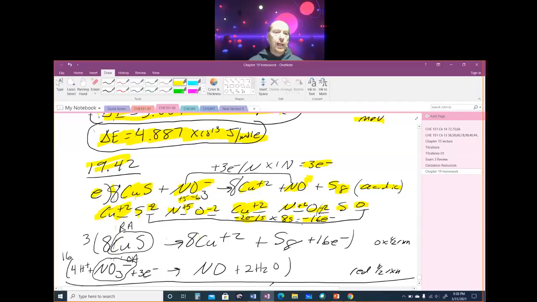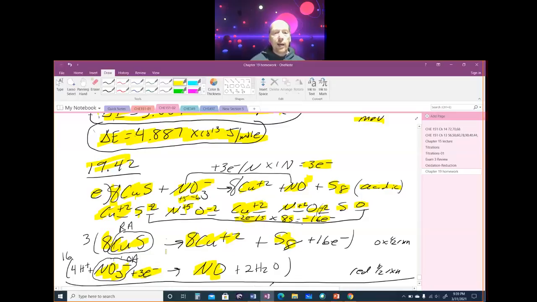All right, so we bring down our 8 CuS, we have our 8 Cu plus 2s, and we have our S8. And again, that is going to lose 16 electrons, so we put 16 electrons being released, product side. All right, our NO3 minus going to NO, that again is going to gain 3 electrons, so we put plus 3 electrons on the left side.